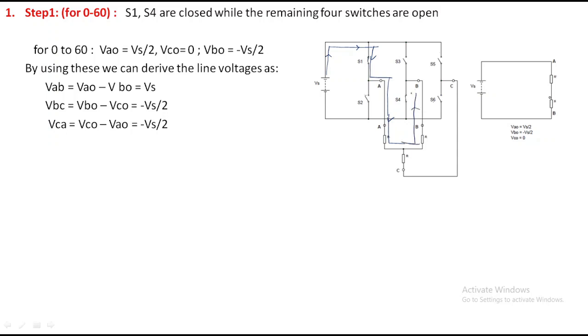Sorry, this current will flow only this side, because this is the closed path. Understand? The current will flow like this because the remaining switches are off.